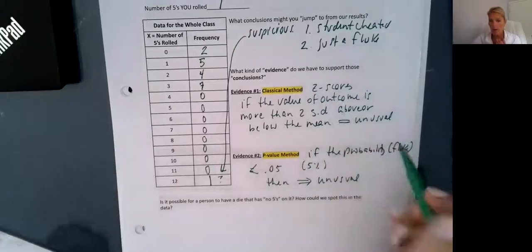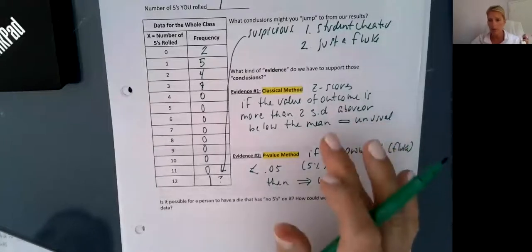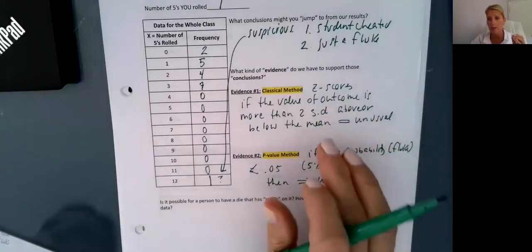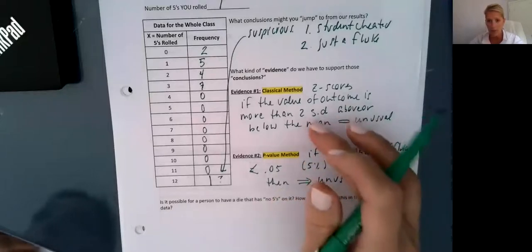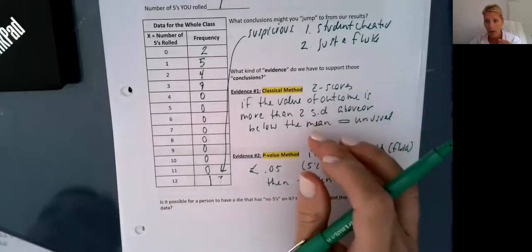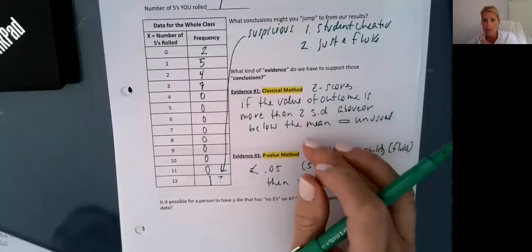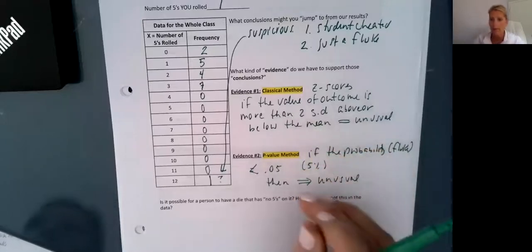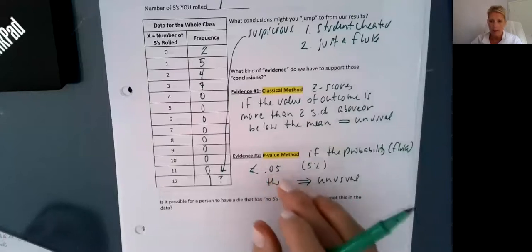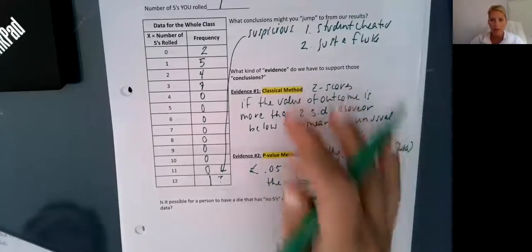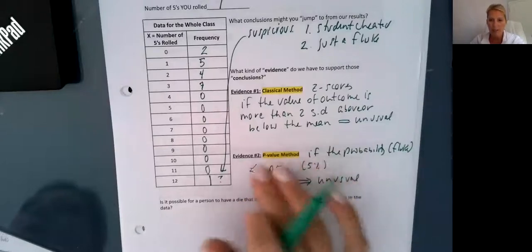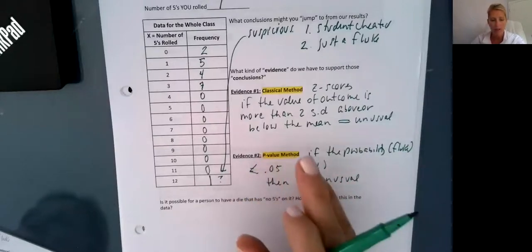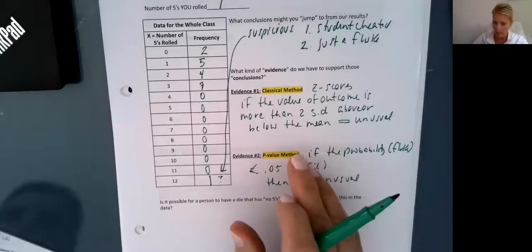So we are going to transform these 2 typical ways of saying something's unusual into more specific pointed methods. It might not be 2 standard deviations now. We might say it's more like 1.2 standard deviations or 2.3 standard deviations, right? Or you might say 1% instead of 5%. But these are going to be our typical methods. For the most part, the rest of our semester, we're going to use the p-value method because that's what most computer software is using.